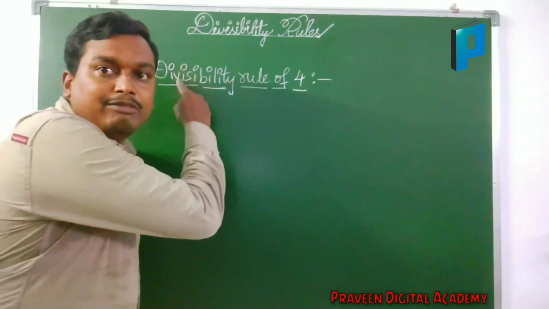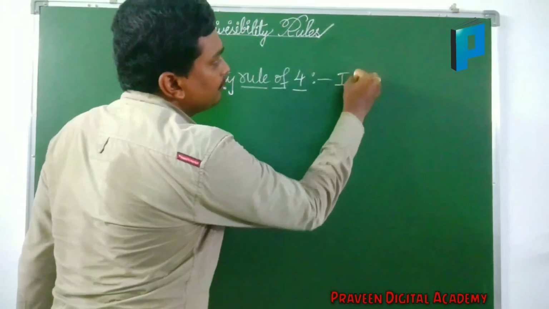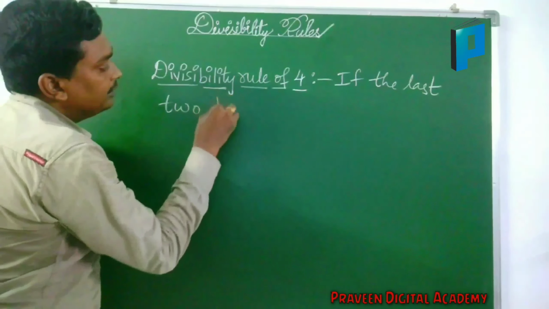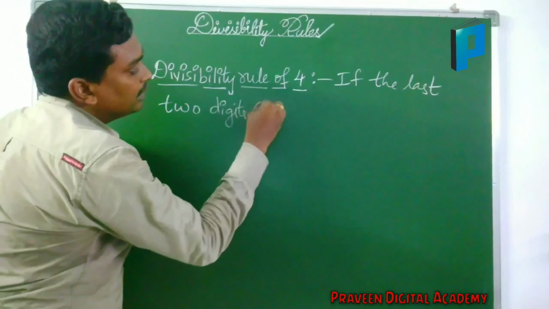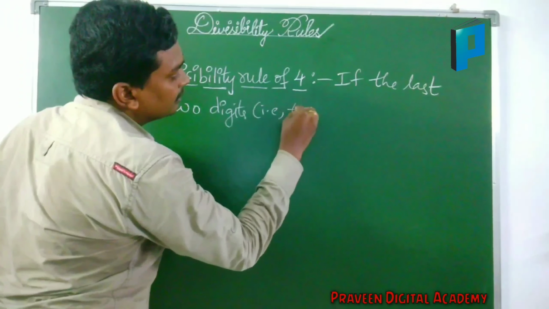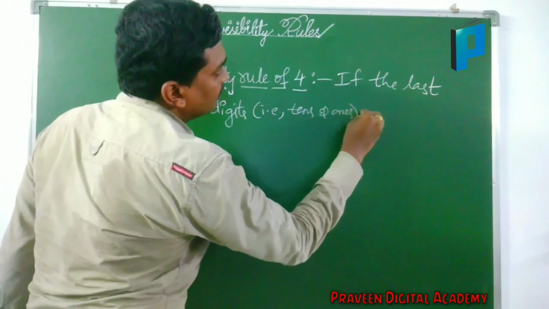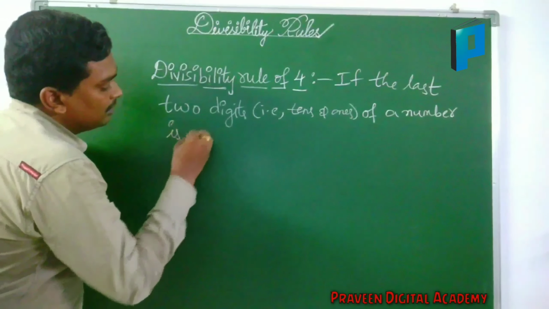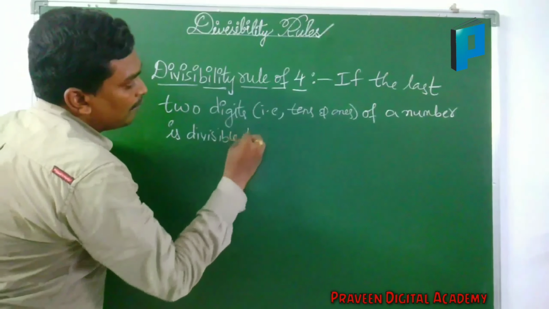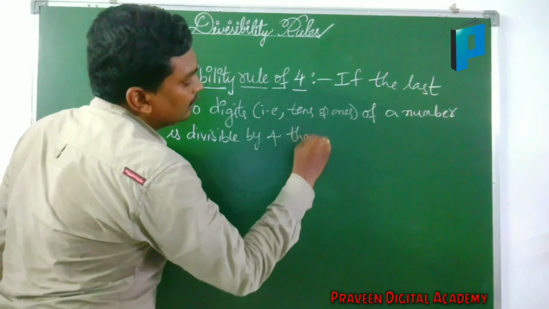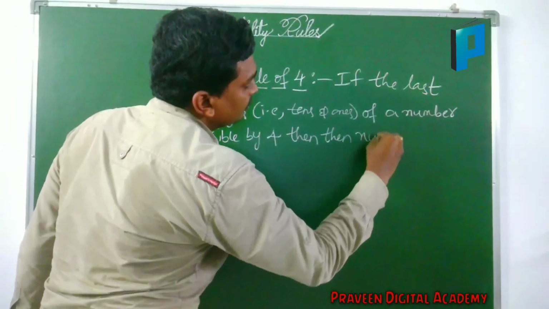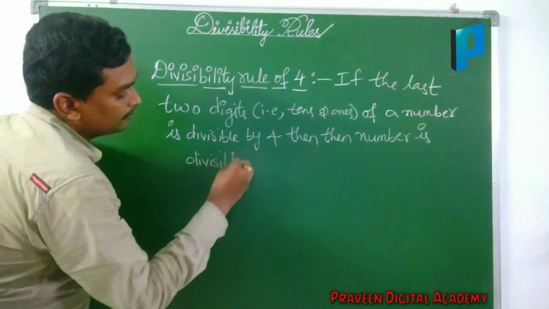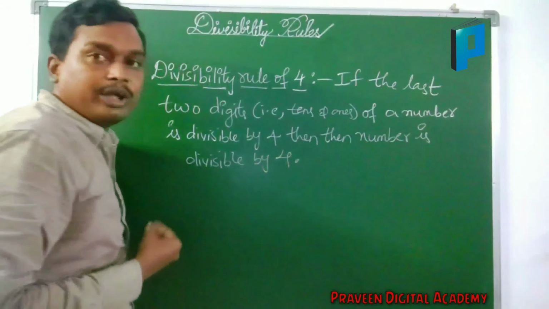Let us go to the divisibility rule of 4. If the last two digits, that is tens and ones of a number, is divisible by 4, then the number is divisible by 4, we can say here.